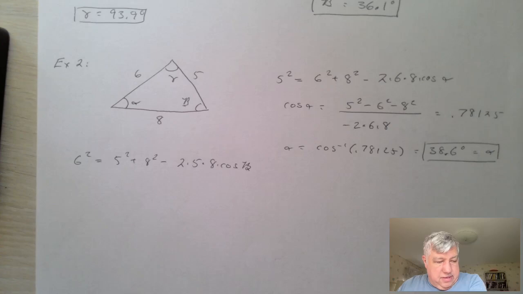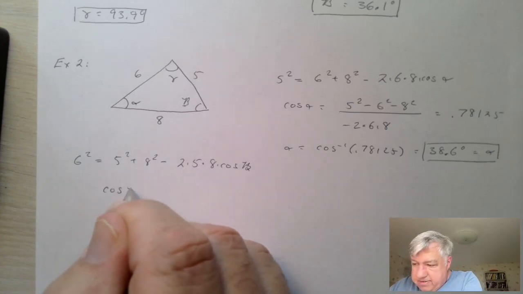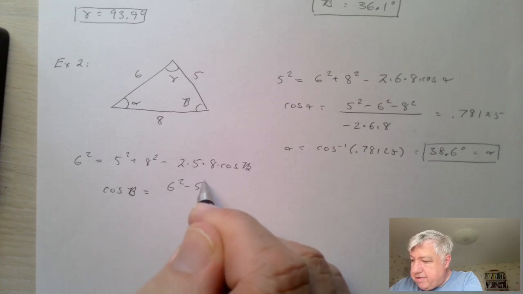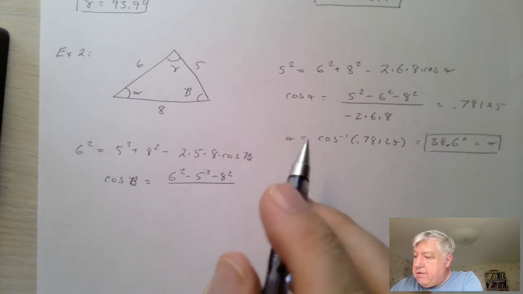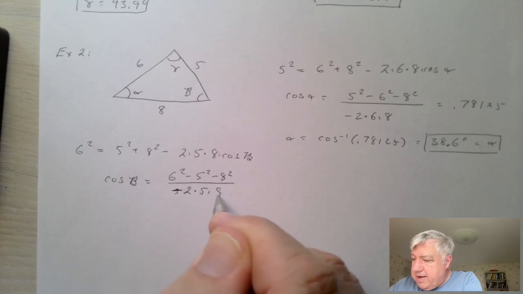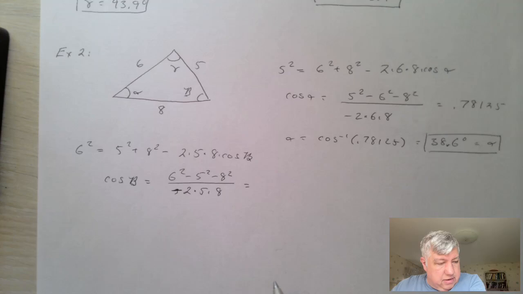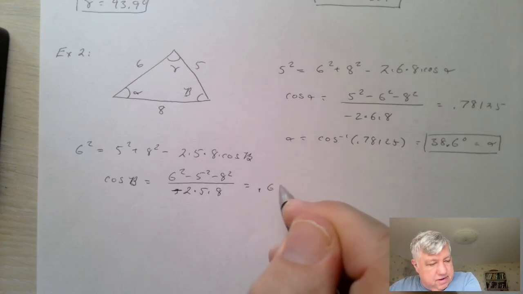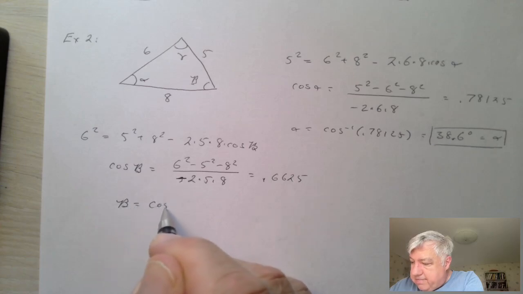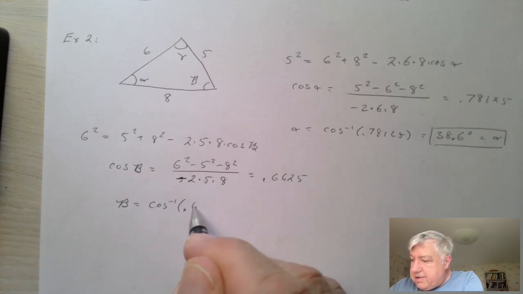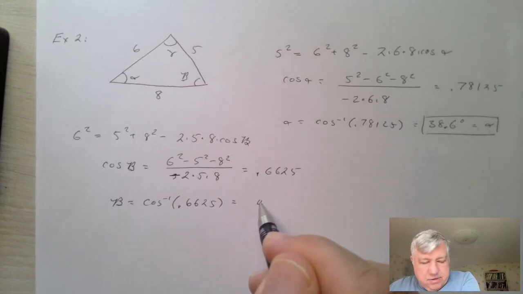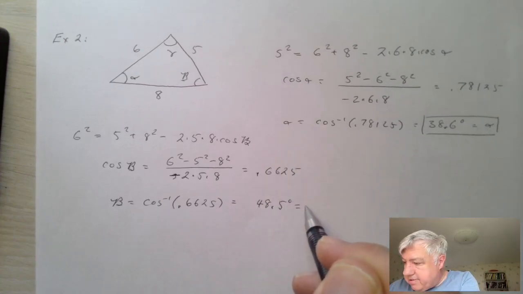Doing this, the cosine of beta is 6 squared minus 5 squared minus 8 squared over negative 2 times 5 times 8, and this is equal to 0.6625. So beta is going to be the inverse cosine of 0.6625, which according to our calculator is 48.5 degrees. So that's beta.